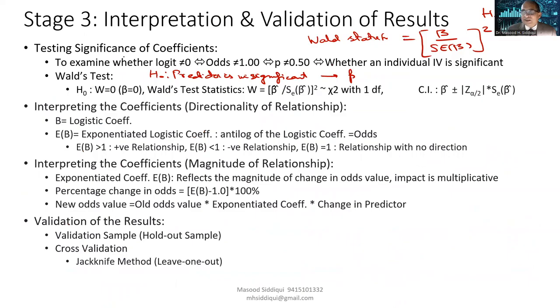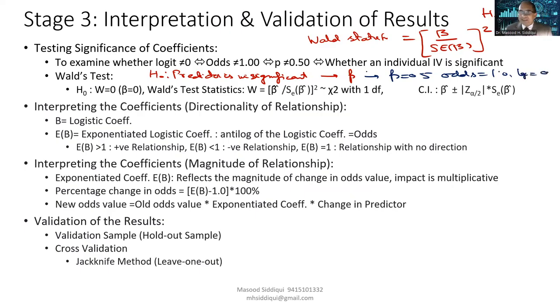So this is what we discuss, whether an individual independent variable is insignificant or not. If that is the case, the probability would be 0.5. If the probability is 0.5, then the odds ratio would be 1 and the log of odds would be 0.